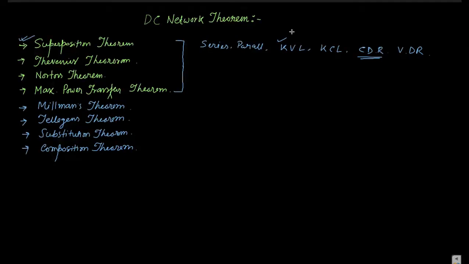Another thing you have to know: if a voltage source is present in a circuit, how can you replace the voltage source? The voltage source can be replaced by a short circuit. If this is A and this is B, then if you omit the voltage source, you just make AB short.